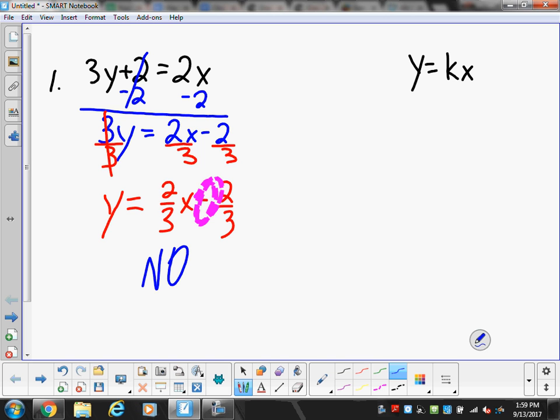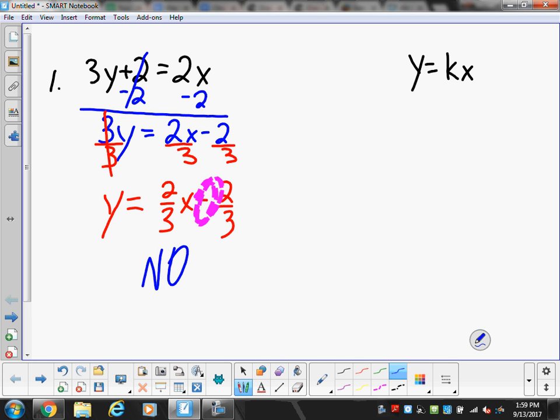But because of that minus 2/3, it's not. So, because it's not, I don't have to answer the next part, what is the constant of variation, so that's okay.